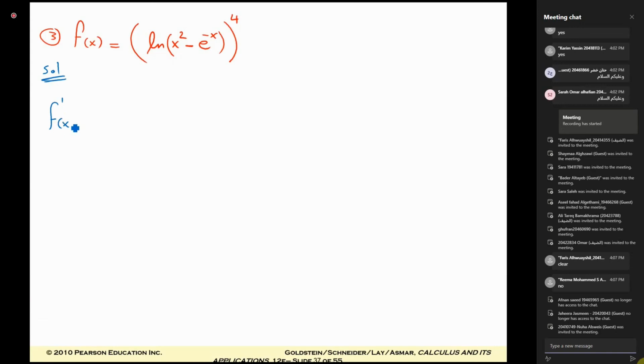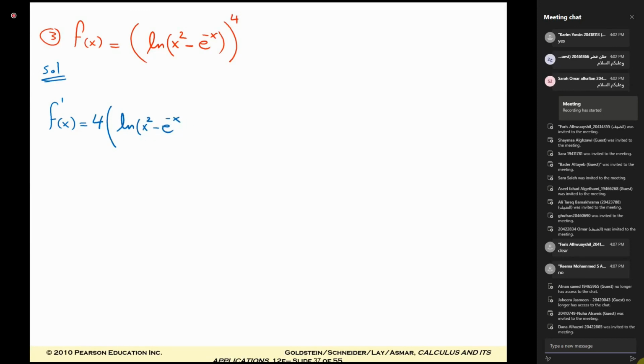Now f prime of x equals, firstly put the power in front, write the same inside the ln, new power 3. Now we need to find the derivative inside the brackets. Inside the brackets we have ln, so this is a fraction.